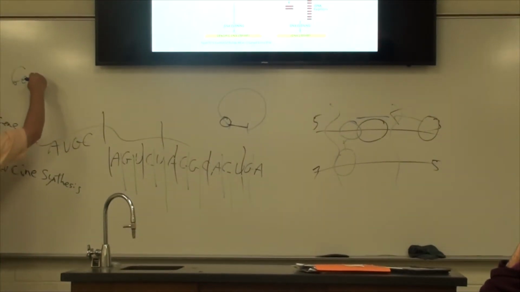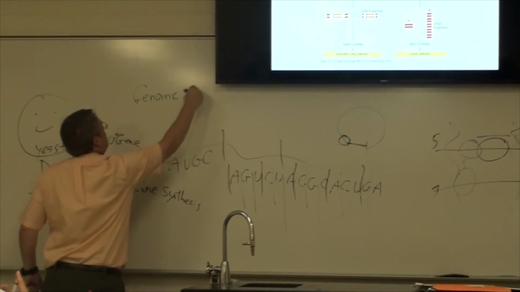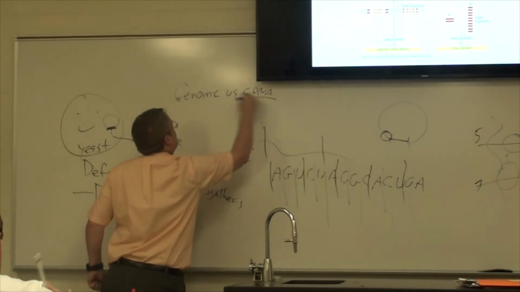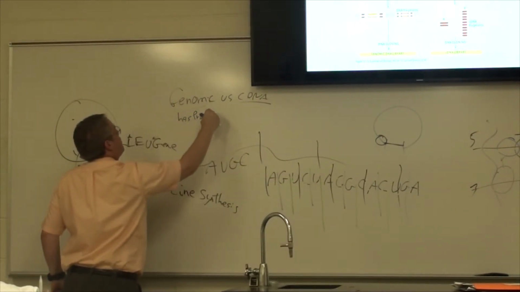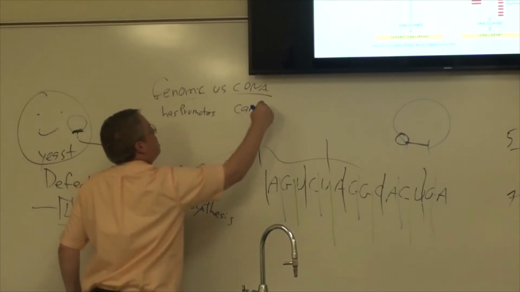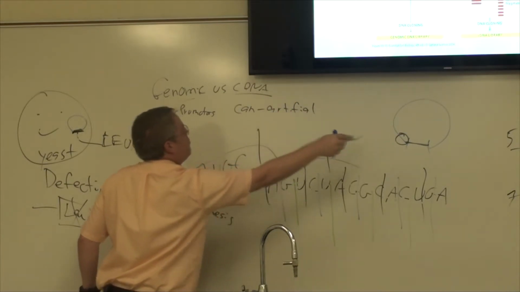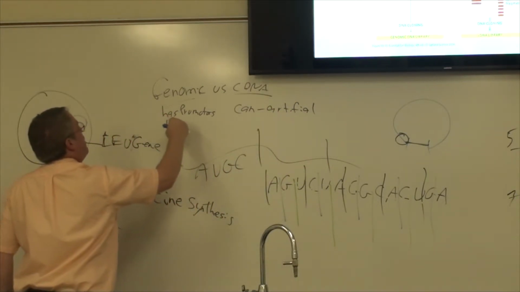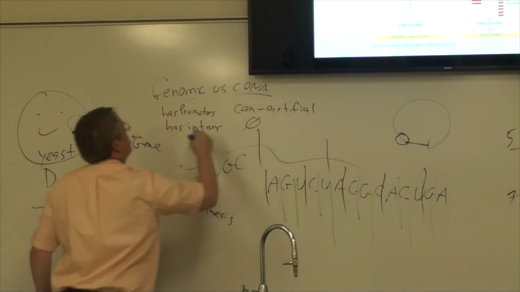So you might want to make yourself a genomic versus cDNA comparison. This one has promoters. This one can have, but they're artificial. They're not the original promoter, but you can put one in. This one has introns, and this one no introns.